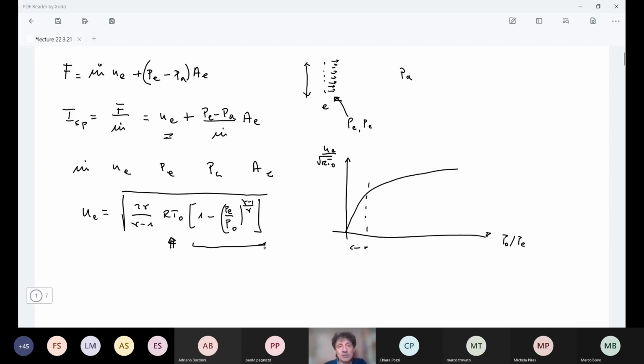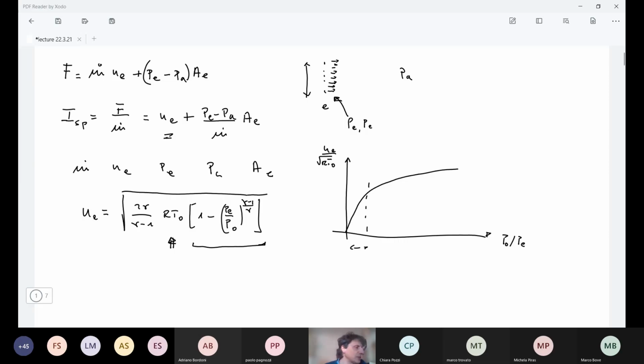Why would we like to have this exhaust speed high? Because we have seen that specific impulse is related to this exhaust velocity, and so this is why we are aiming to get this velocity high.